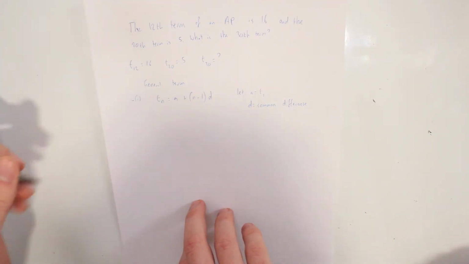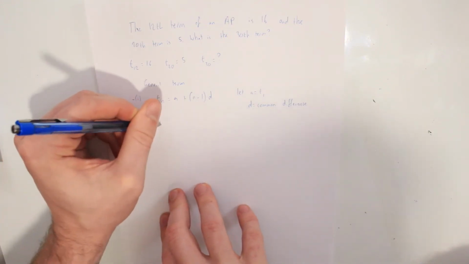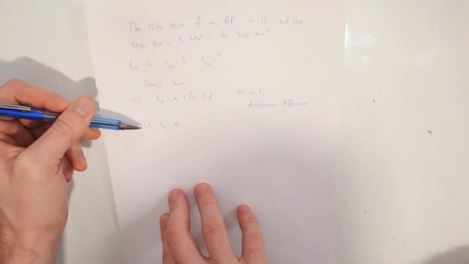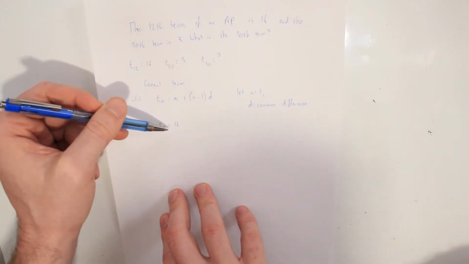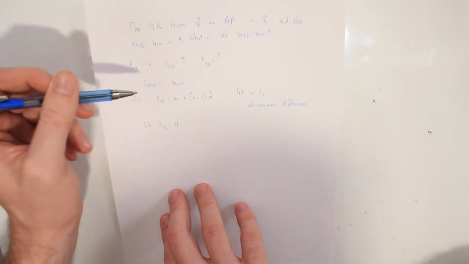Let's sub T12 equals 16, which we already know from up here, into our general term.